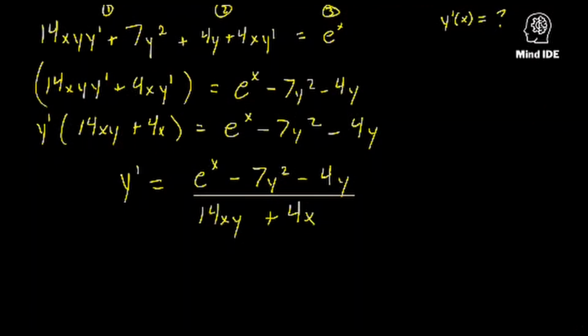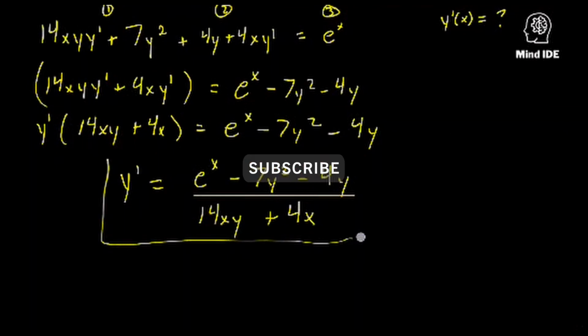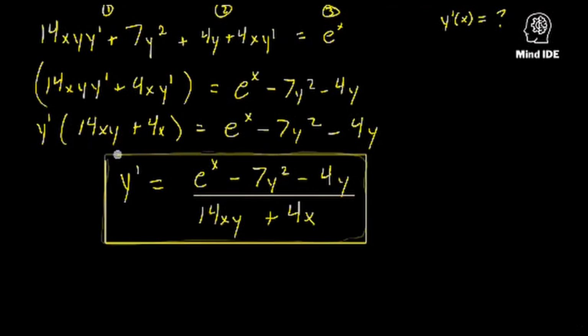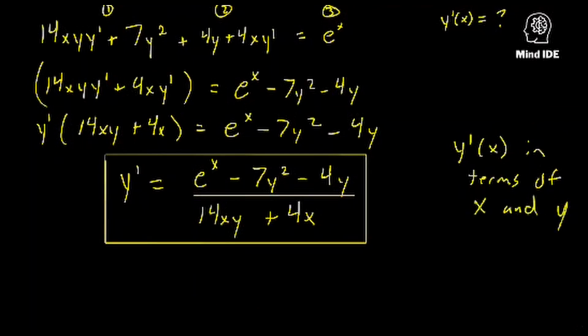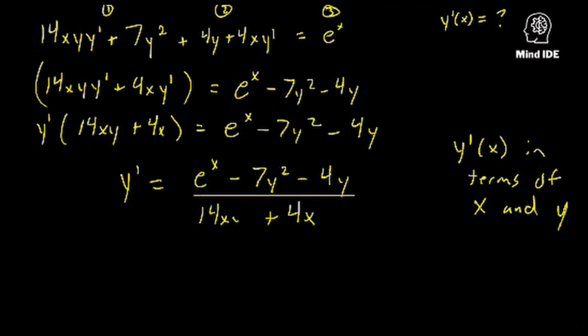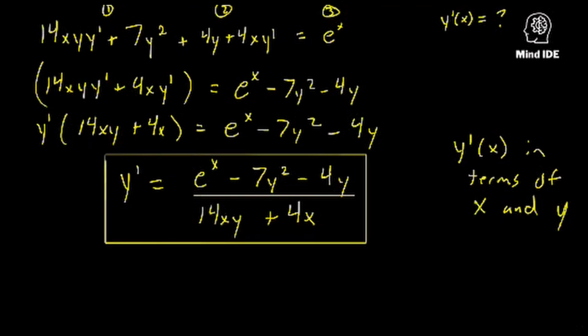And that is your answer. So this is y prime of x in terms of x and y, right? It's because we have x and y.